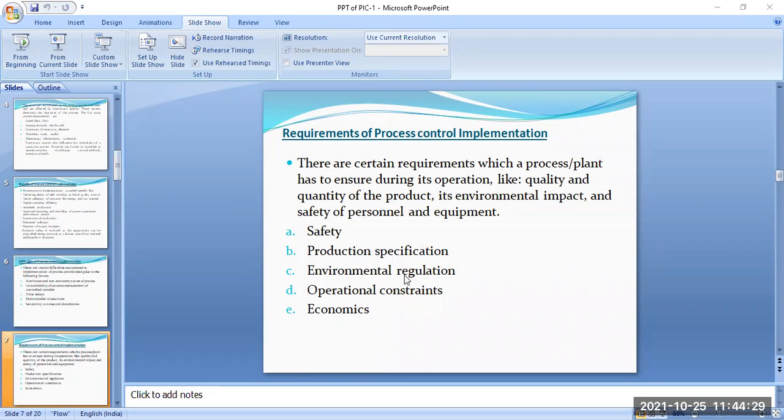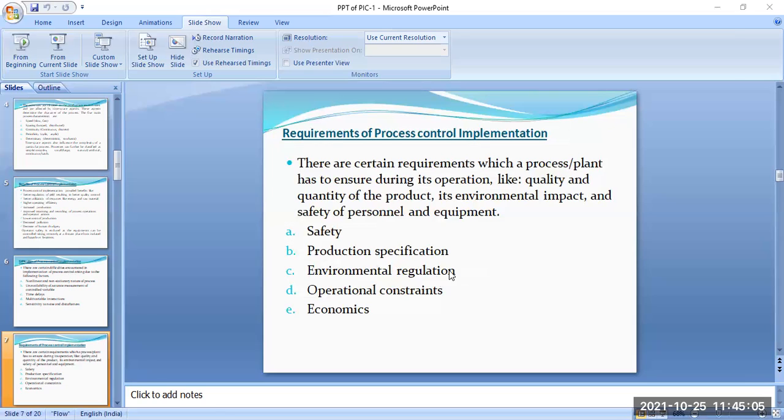Number three, environmental regulations. This is another one we discussed in our previous slide also. We have to follow the environmental rules and regulations, that means pollution rules. So in no case should the plant effluents, since the plant uses different types of materials, that is solid, gaseous or liquid materials, exceed the limit decided by the federal rules or state laws.